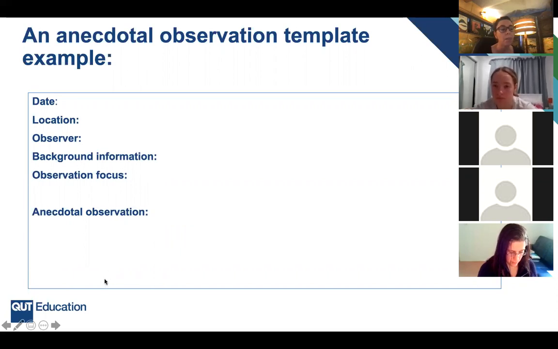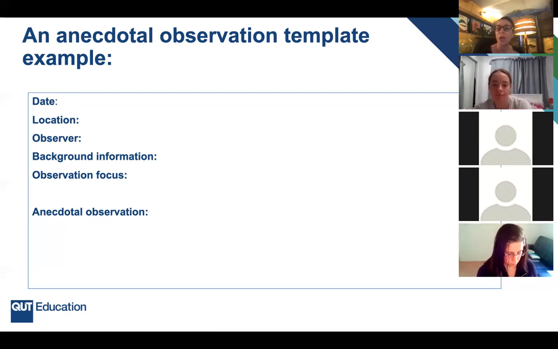But you will find when you go out on your placements that your supervising teacher will have templates that you can use. You'll be provided with templates as well on the Blackboard site that you might want to use for observations. You'll also be provided with lesson templates, but it's up to you.